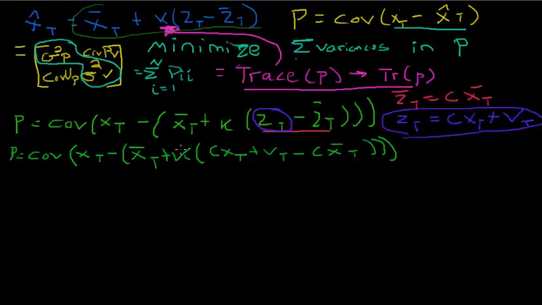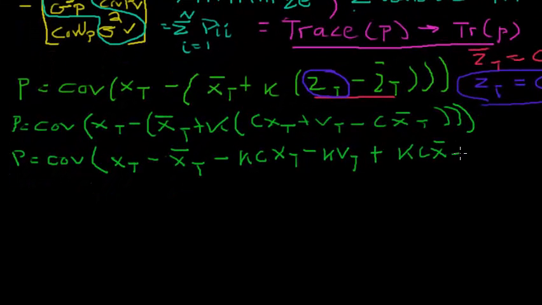And now if we were to expand this, which I'll attempt writing on this space, the next thing we want to do is actually expand this. So if we expand this, what we get is that this is equal to covariance of xt minus, and I'm actually going to distribute this negative, so minus x bar t minus K times Cxt, so minus KCxt minus KVt, and then really what we get here is negative KCx bar t, but we're multiplying it by negative, so here we get plus KCx bar of t.